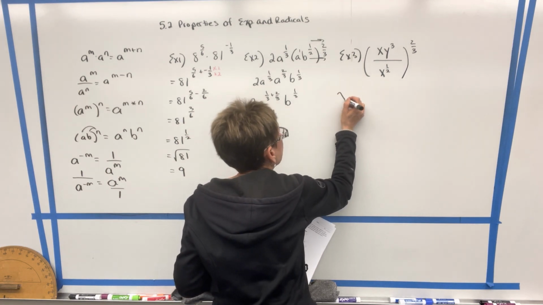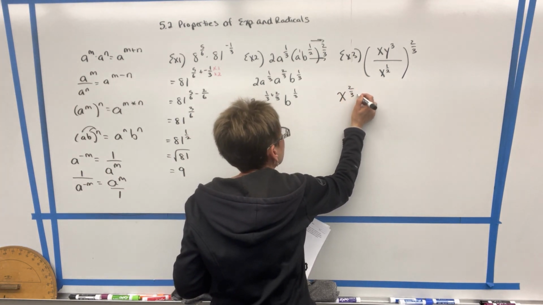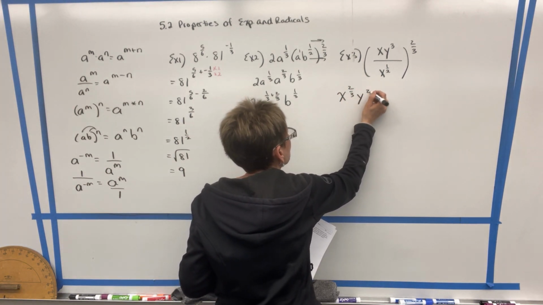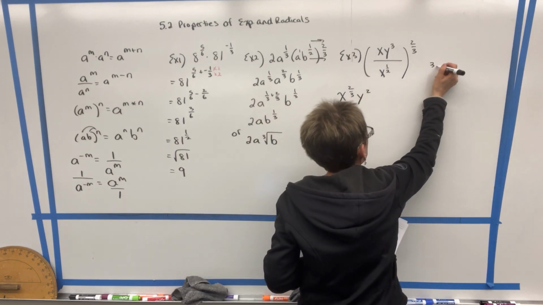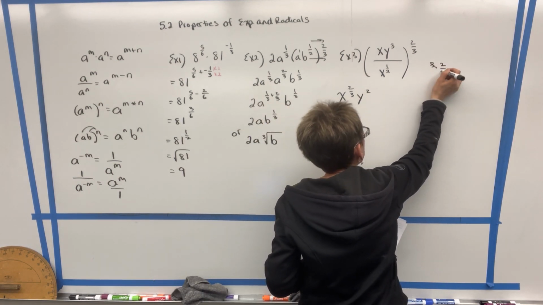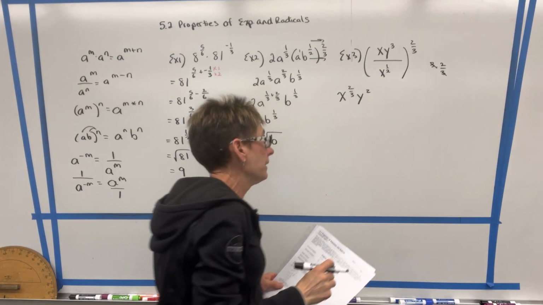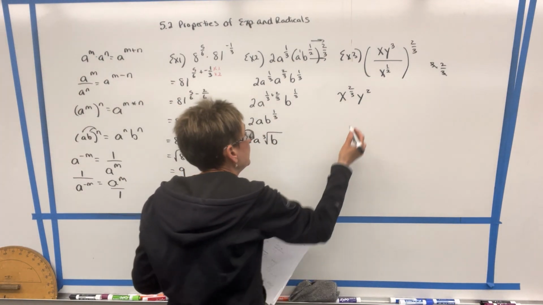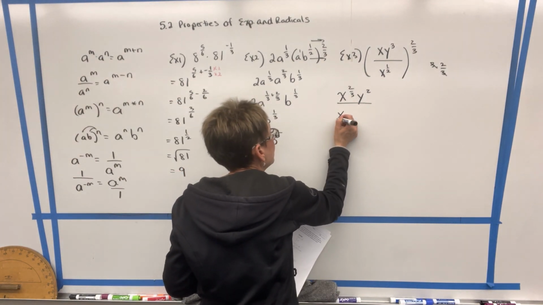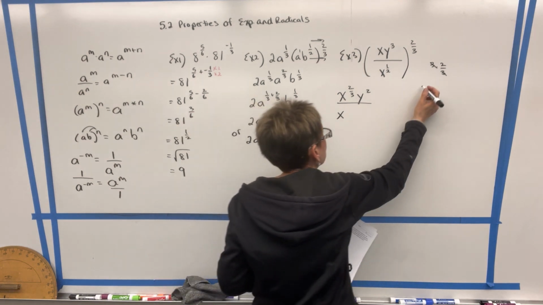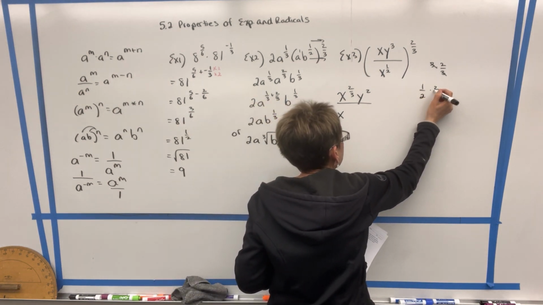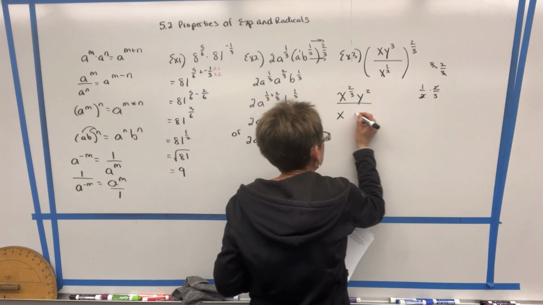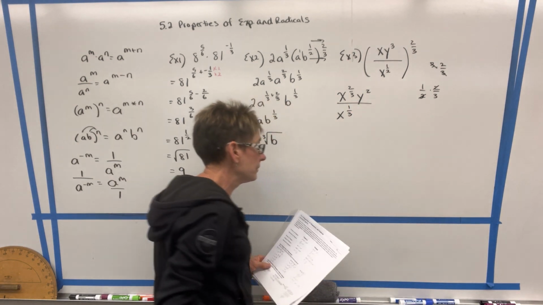So this is going to be x to the 2/3, and then y is going to be squared. If I take 3 times 2/3, these 3's cancel out and I just have a 2 there. So that's my numerator. On the denominator, I have x to the 1/2 times 2/3. Again, if I take 1/2 times 2/3, that cancels, and that's 1/3.